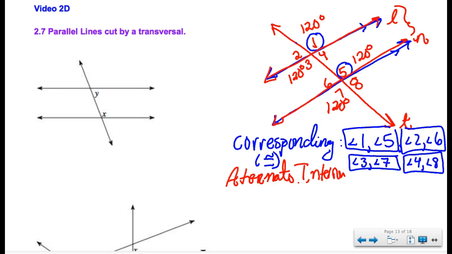So my candidates are 3, 4, 5, and 6, but they have to alternate. And what that means is they have to be on opposite sides of the transversal. That happens with angle 4 and angle 6. They're inside the parallel lines, but they are on opposite sides of the transversal. Also happens with angle 3 and angle 5. So there are two pairs of alternate interior angles, and you can see that those are equal as well. They're all 120 in this case.